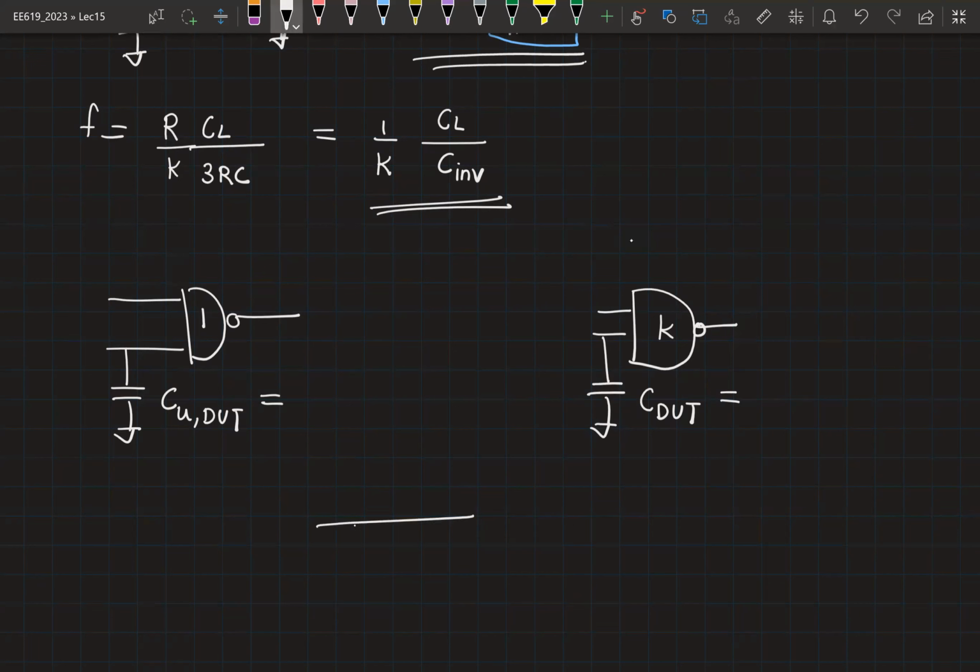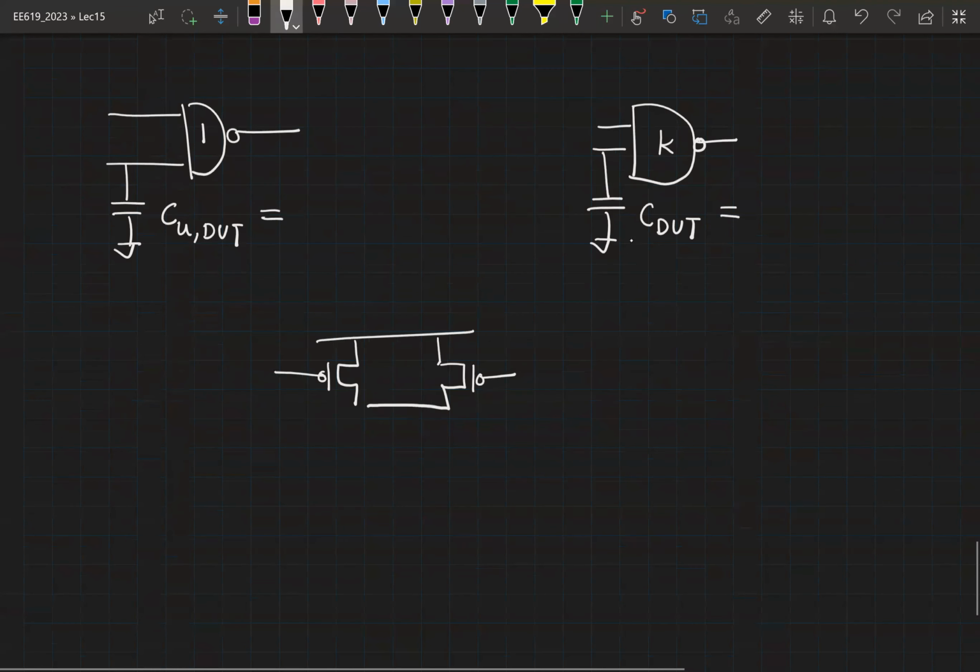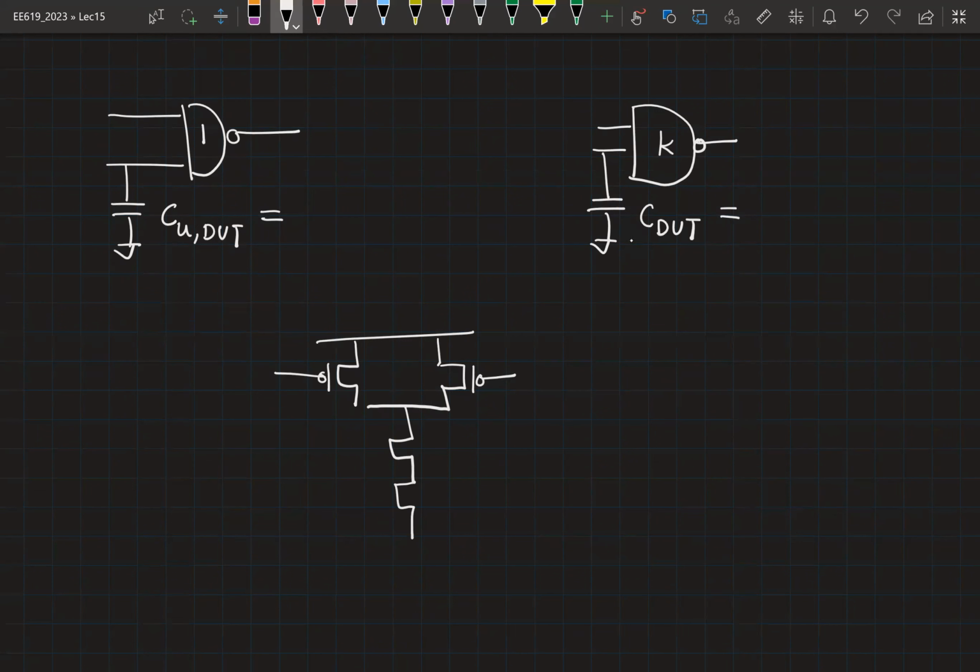Let us check if that is right. So these are sized at 2. These are also sized at 2. This is A, B, A and B. So the node A basically sees a total capacitance of 4C. Is this clear? Okay. So for a unit DUT, this is 4C.